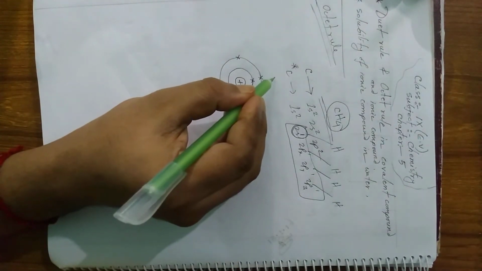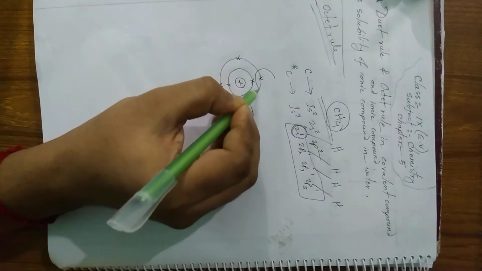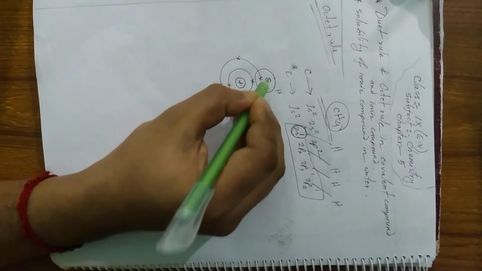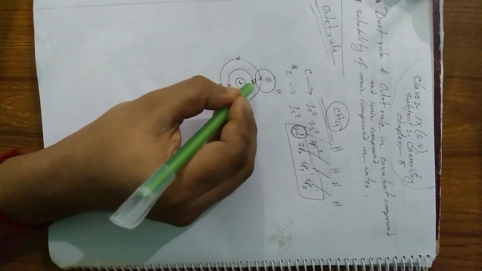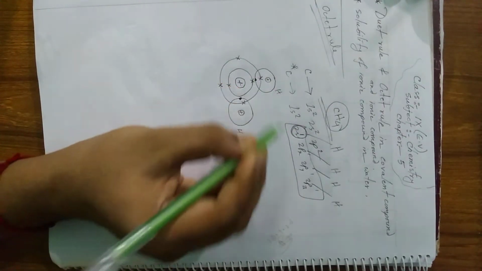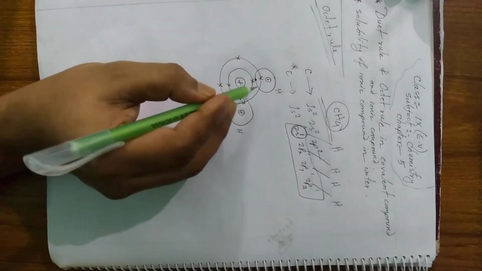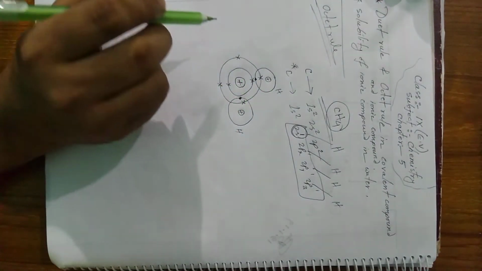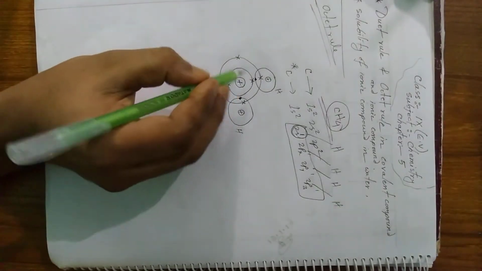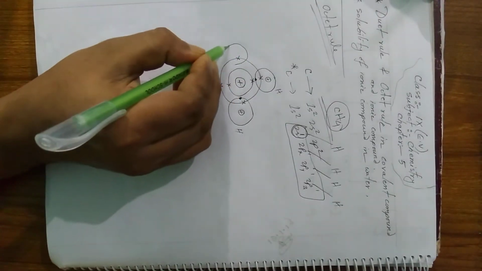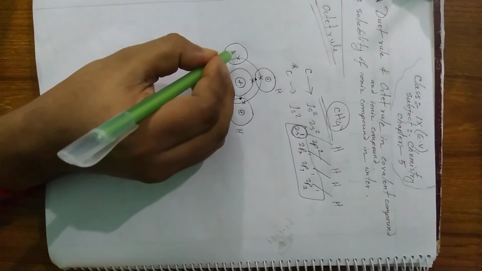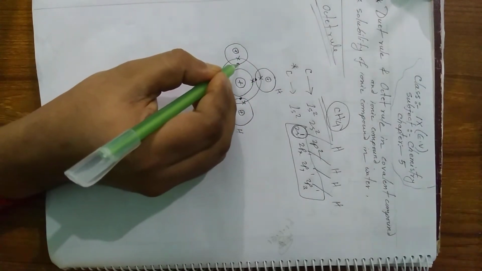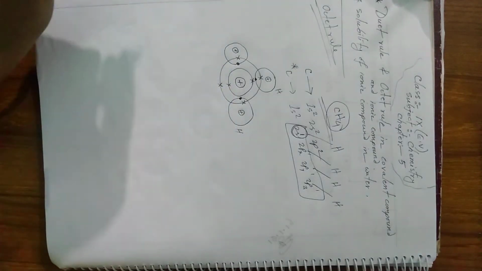Similarly, this is another hydrogen atom, and this is its electron. So another covalent bond between carbon and hydrogen is formed by sharing electrons. This is also another hydrogen atom, and this is the electron.